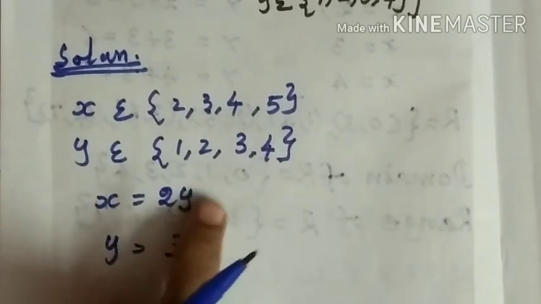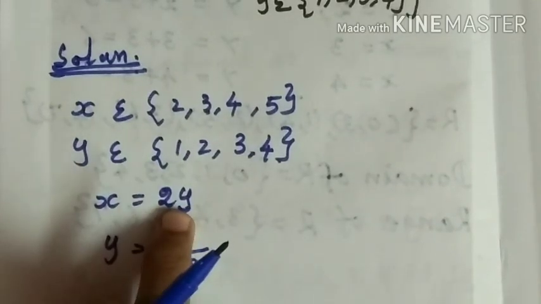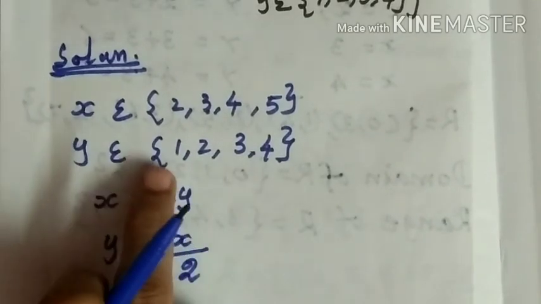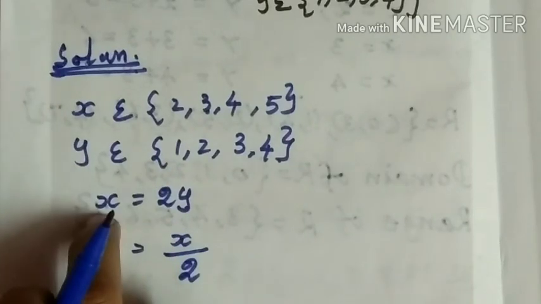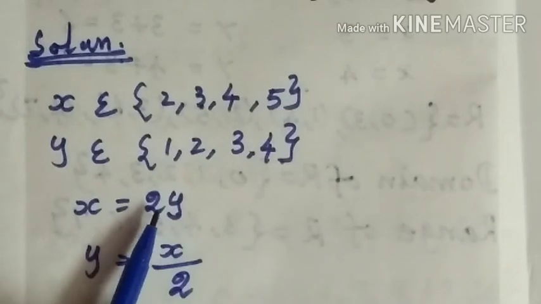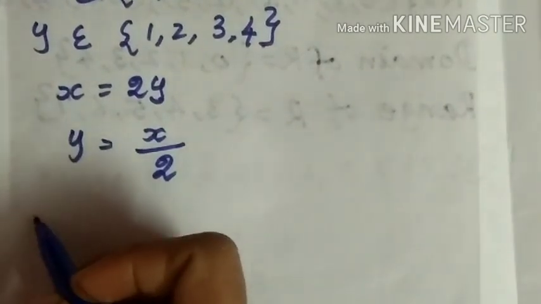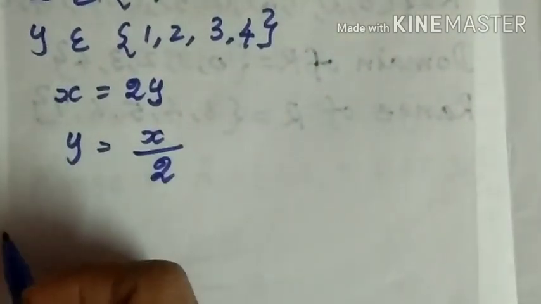See here, 2y is in multiplication form. So we need the y term, which means this 2 you bring before the equal sign, and the multiplication changes into division, that is y equals x by 2. So now we have to find the relation ordered pairs.